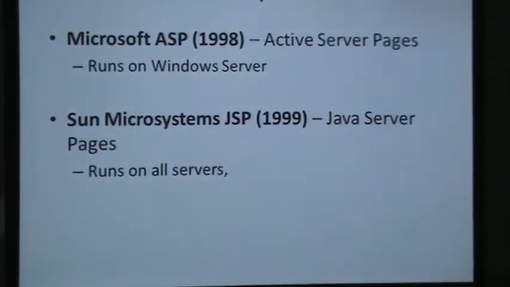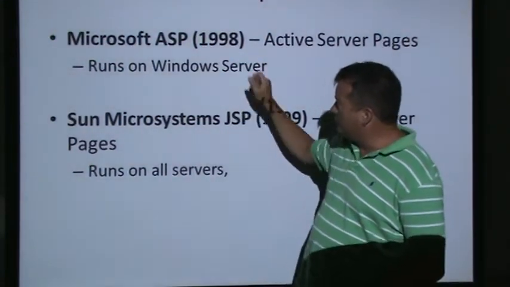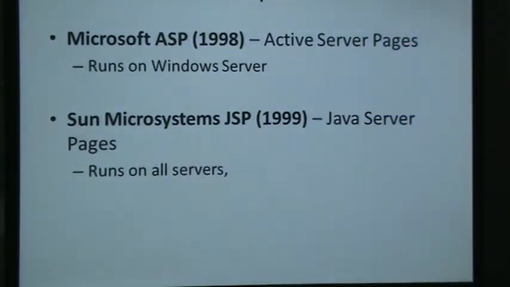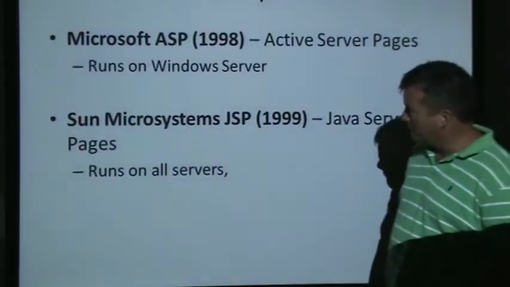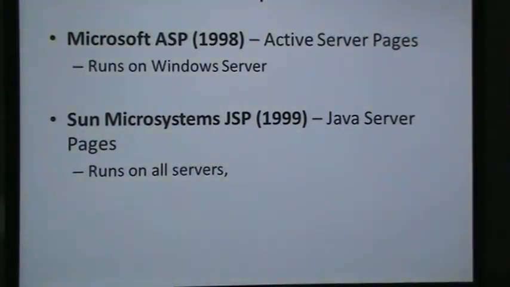Competitors to this concept, the concept of having your HTML page being built at the moment you ask for it: 3 years after PHP came out, Microsoft came out with its product called Active Server Pages. So maybe you've gone to websites and you've seen pages that end in .asp. And Sun Microsystems came up with Java Server Pages a year after that.